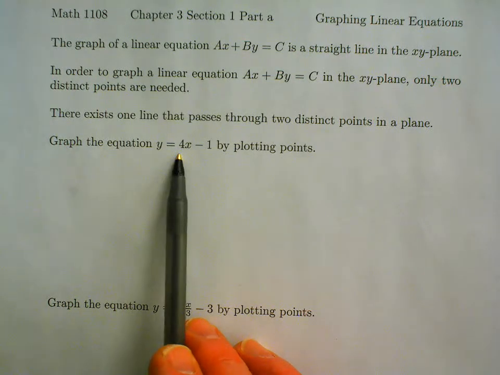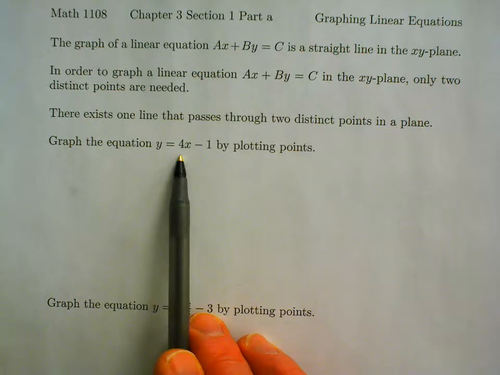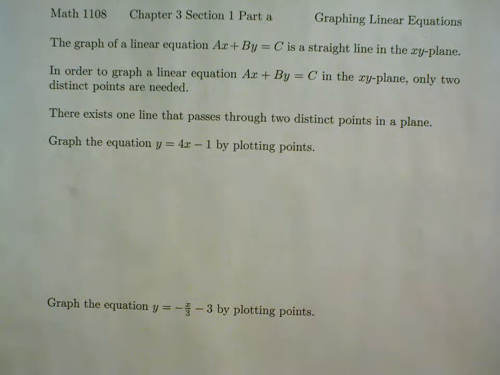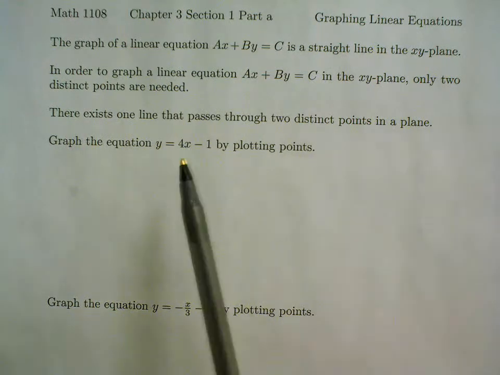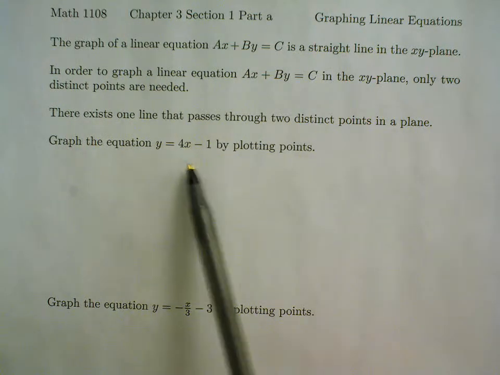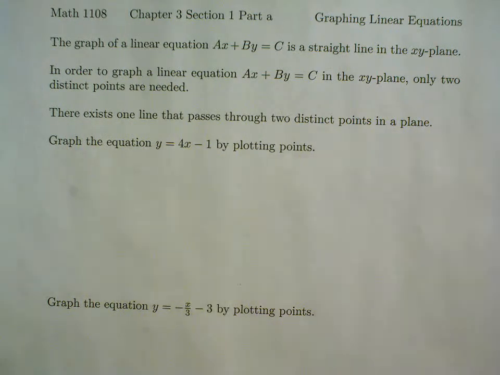Okay, here's an equation of a straight line. This is not in standard form, but this is still an equation of a line, a linear equation. It could be written in standard form, but you don't have to.